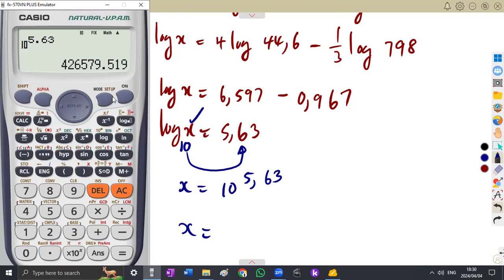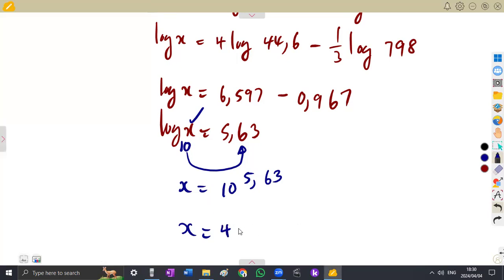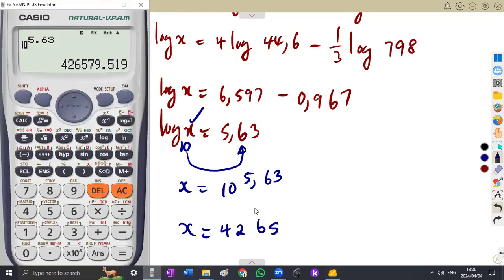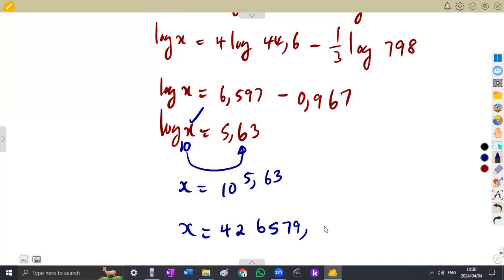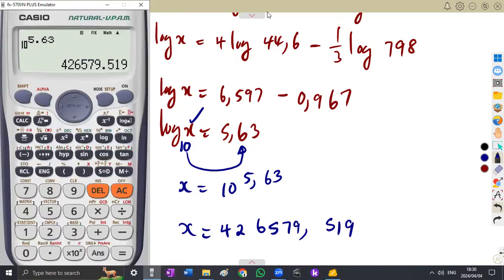Still the same answer as the previous one that we had. This one is going to give us 4,26579,519. All right, so this is what you're going to have at the end.